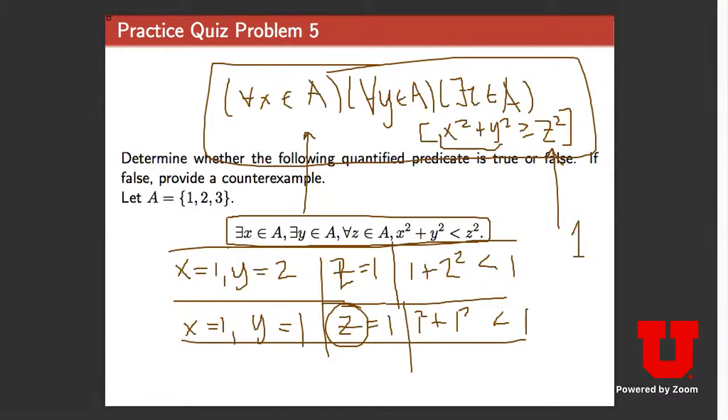Well, but we kind of do. You're just arguing that you don't have to examine other cases because 1 squared plus 1 squared is the smallest possible value. It's true that you can pick an x and pick a y and then find one z that doesn't work. And now you've scratched off that x and y case, but that doesn't mean that another x and y case couldn't be true.